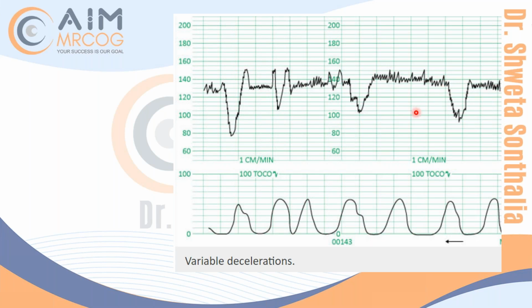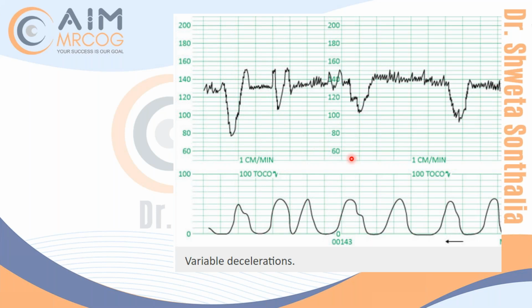U shape. Basically, V shape and U shape is not a criterion for deceleration. They just look like it, so don't get confused with it. But at the time, if it is U shape, I'll label it variable and if V shape, I'll label it early. Why are you labeling it variable? Let's show the time it takes to recover. Pardon? The U shape is showing the time it takes to recover. Yes.